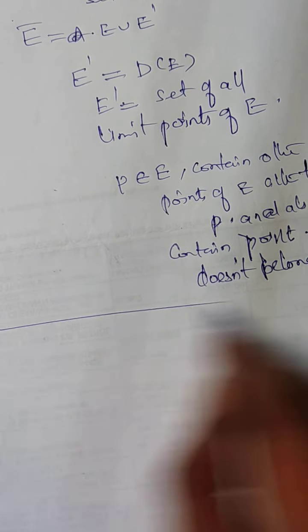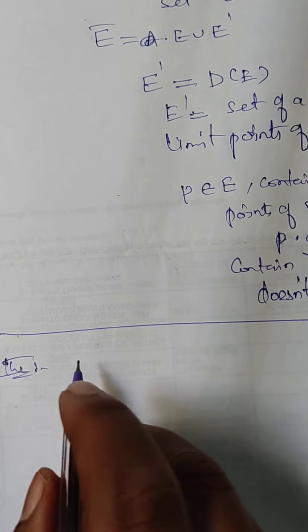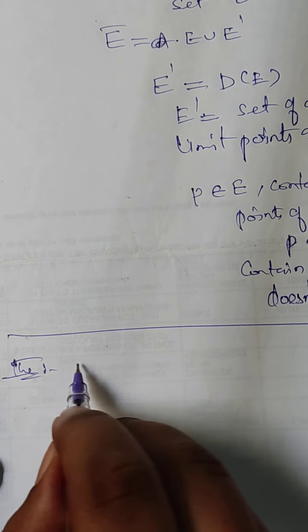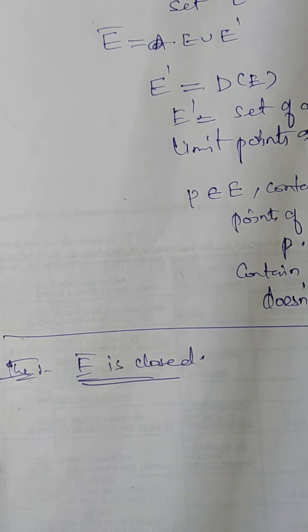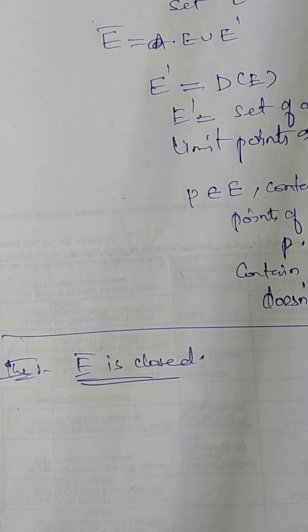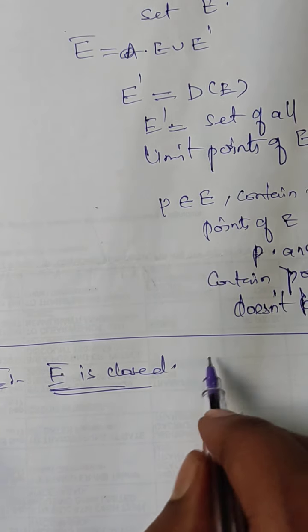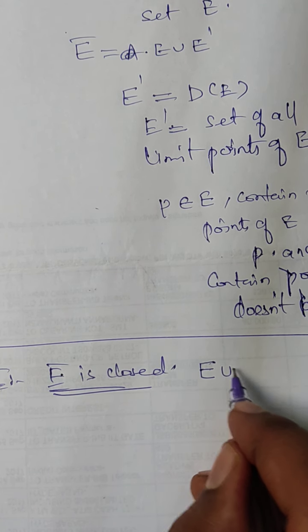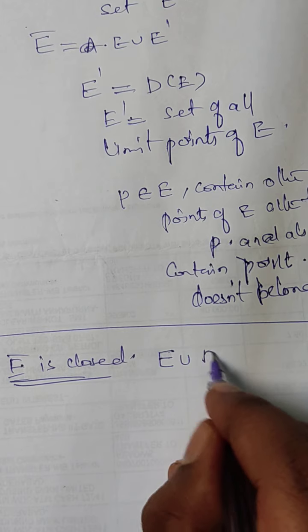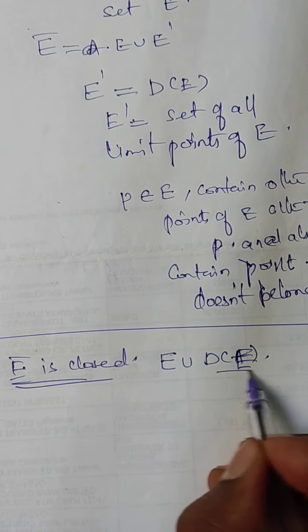One theorem that I am explaining related to this is that we have to prove that E closure is closed. Previously we have seen that E closure is nothing but E union E dash, the set of limit points.